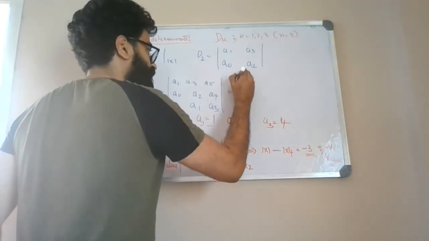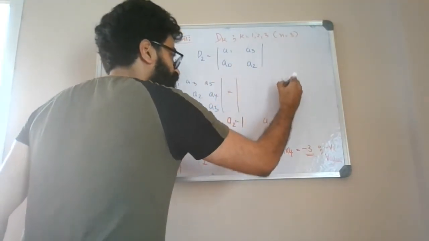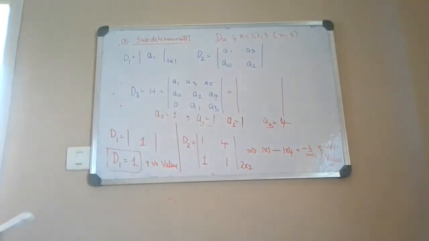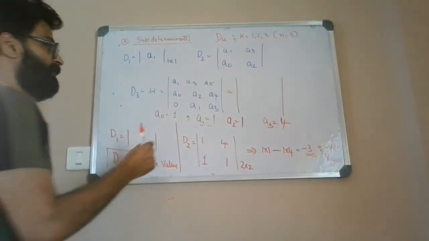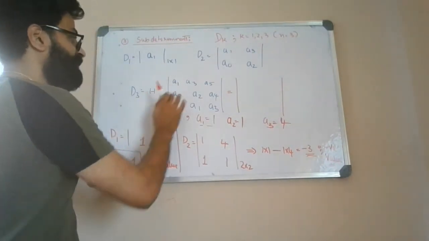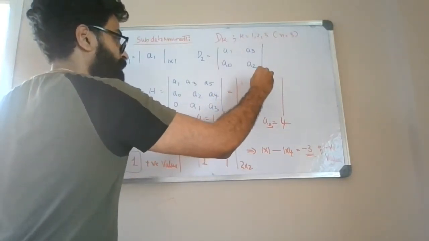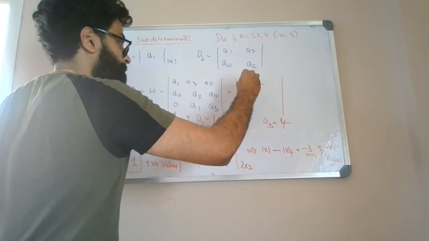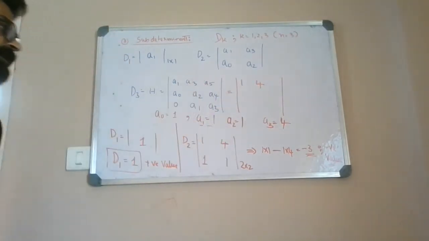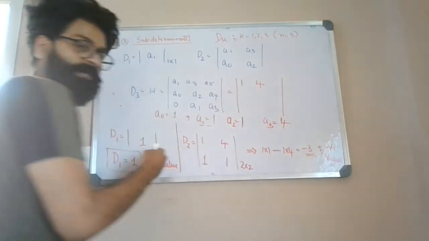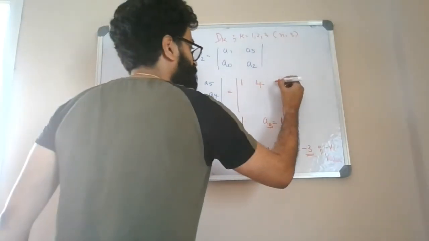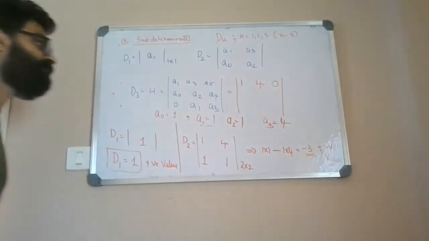Now let's evaluate D3. Before evaluating D3, first let us construct D3. D3 consists of A1, A3, that is 1, 4. What is A5? Do we have any information on A5? No information means 0.